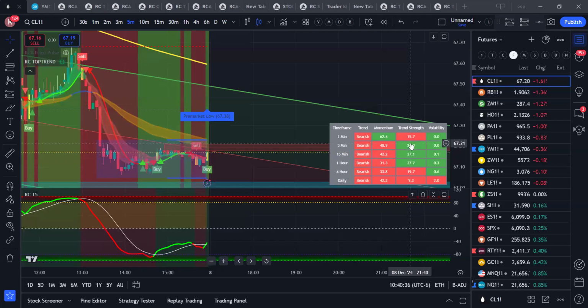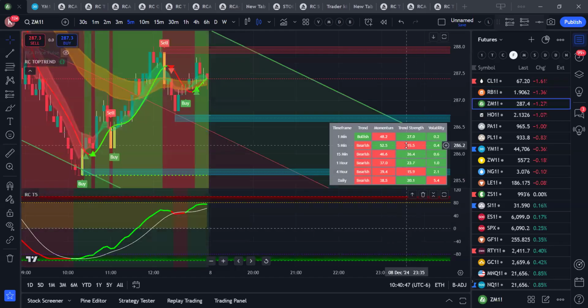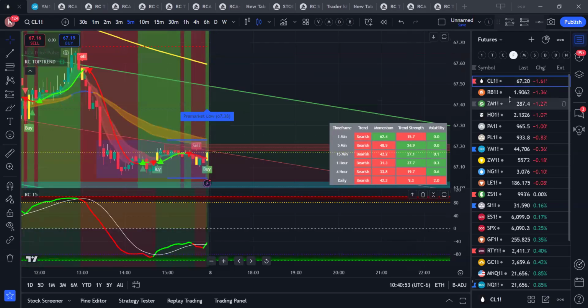But if it is above 20 and 30, still when you have two choices, you have more possibility to make profits compared to this ZM, where strength is only 15.5, 26.4, 27. Whereas crude oil, the strength is 24.9, 37.1, 37.7. The strength is a little better here. So if you take a trade with crude oil, you have a higher chance to make that $150, $200 easily.